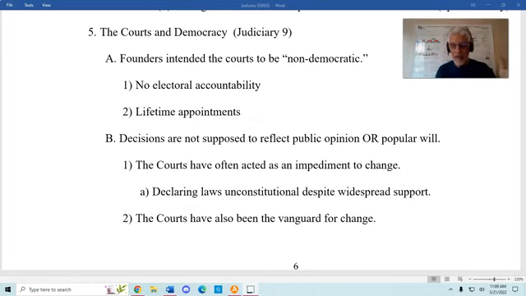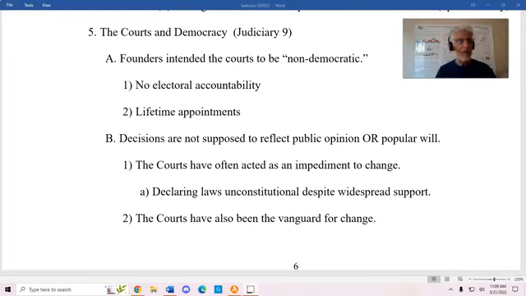But just as the founders intended, the courts still are not democratic. There's no electoral accountability if the courts make a decision that goes against what people want, because of a provision in the Constitution that says that once you're appointed to a federal court, and again, this is federal, it's a lifetime appointment. And so decisions are not supposed to reflect public opinion or the popular will of the people.